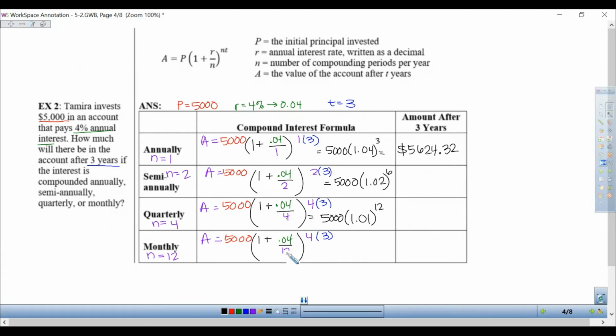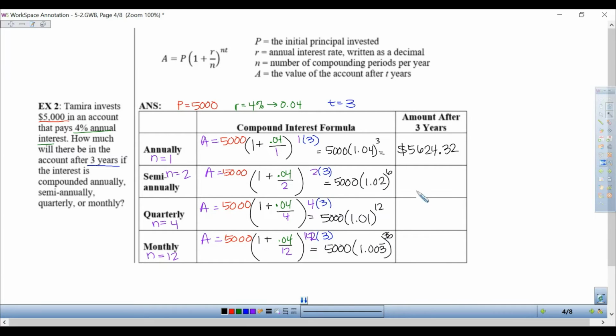And then 0.04 divided by 12 is actually 0.003 repeating. So this is equal to 5,000 times 1.003 repeating raised to the, oops, I wrote a 4 there. That should be a 12. And then 12 times 3 is 36. So that'll be to the 36th power.